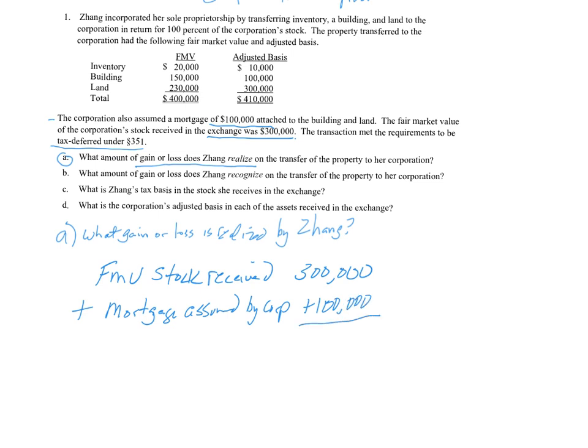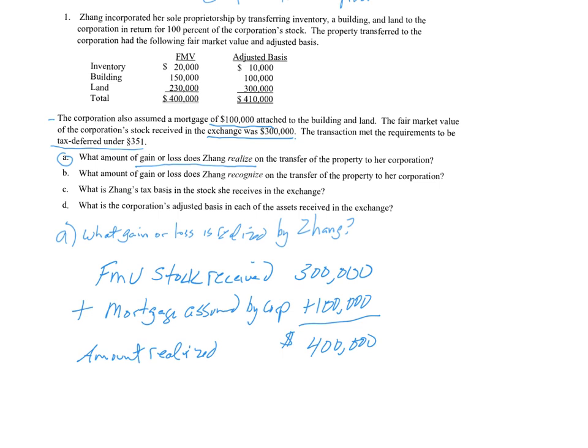All right, so amount realized is $400. So what did she realize?